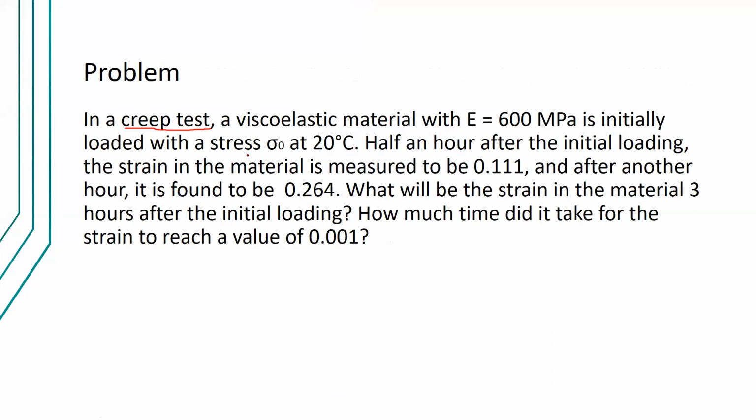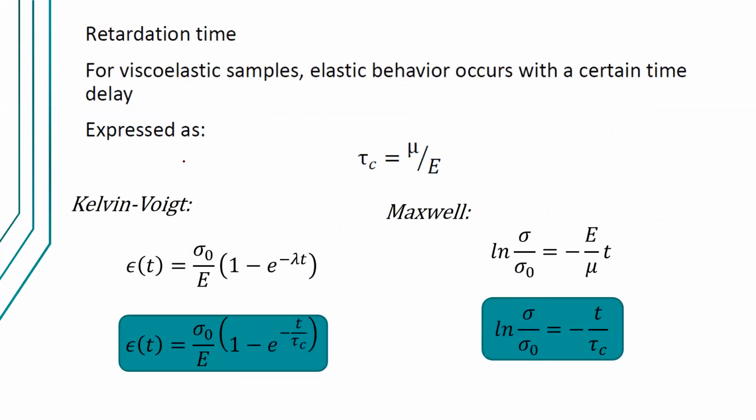In doing so, you are measuring the resulting strain, and then you release the stress. What will happen also to the strain? So what equation will we use? Since it's a creep test, we will use the Kelvin-Voigt model. So this is the equation.